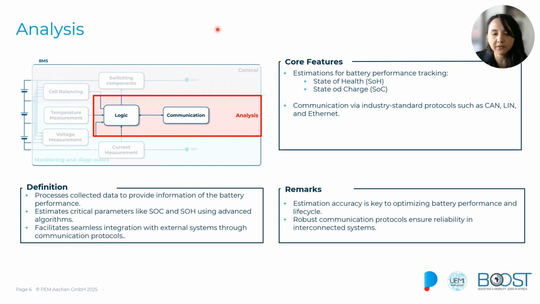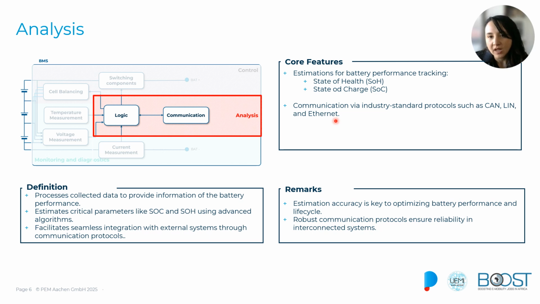Some of the core functionalities of this subsystem are the estimation of the state of charge, the estimation of the state of health, as well as the communication of these parameters and all of the rest of parameters that are being calculated in the battery with any external subsystems, using some protocols that are very standard in the industry, for instance, CAN, LIN, or Ethernet.